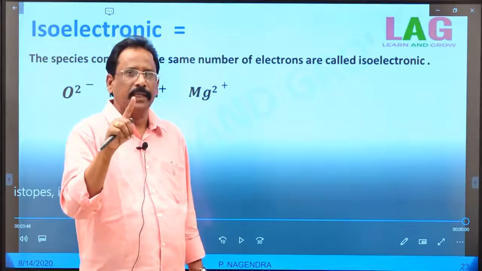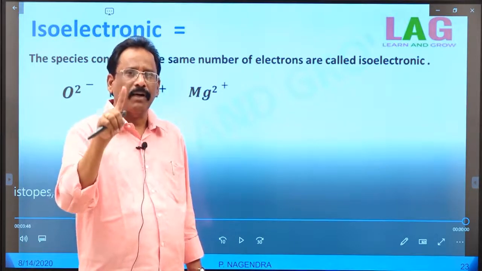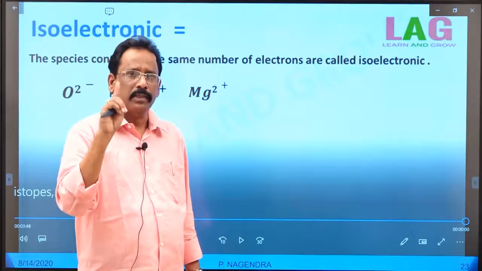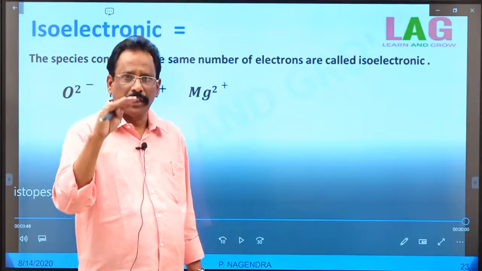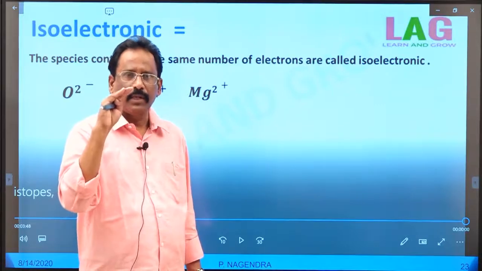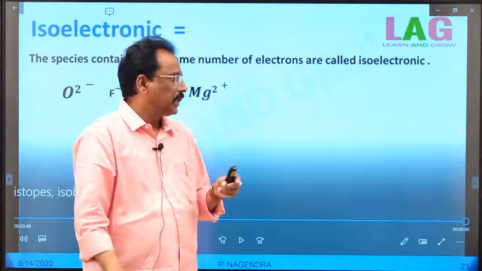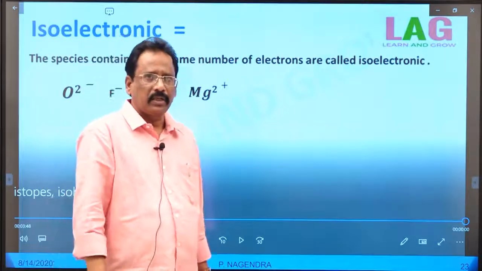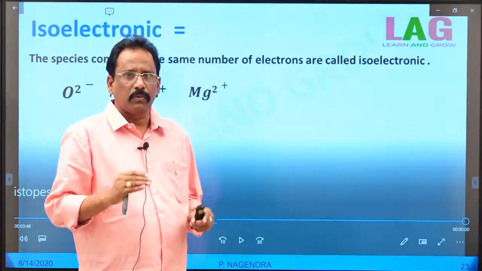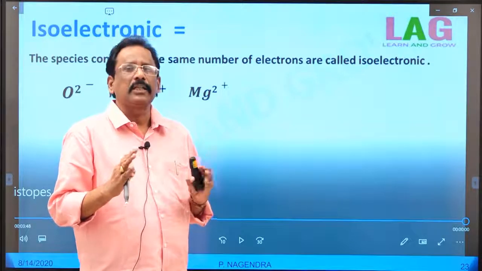Isoelectronic species means ions having the same number of electrons. Iso means same. This is about the atomic number, mass number, and way of calculating neutron number. Based on these three, these are the definitions of isotopes, isobars, isotones, and isoelectronic species.